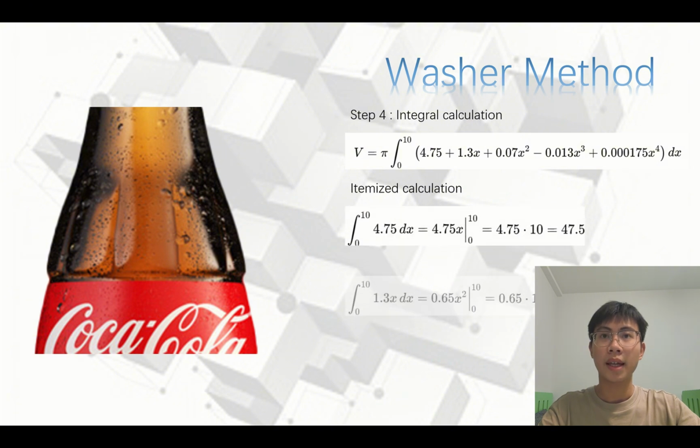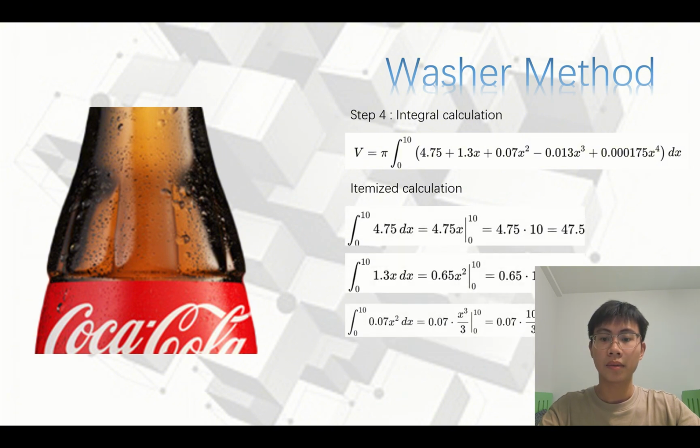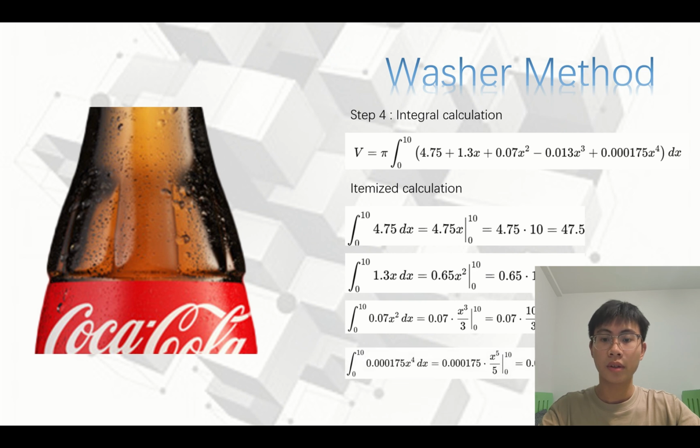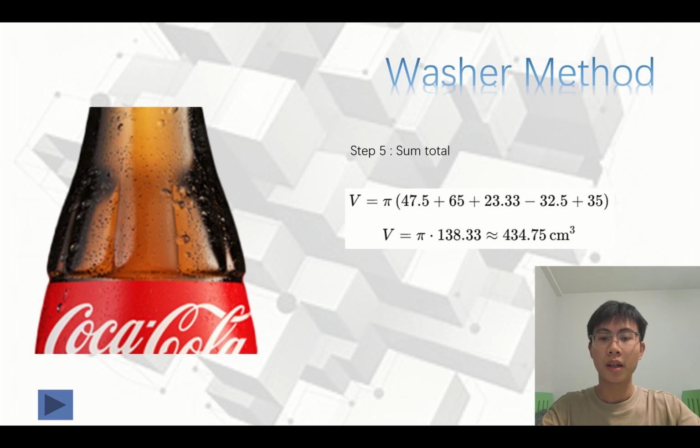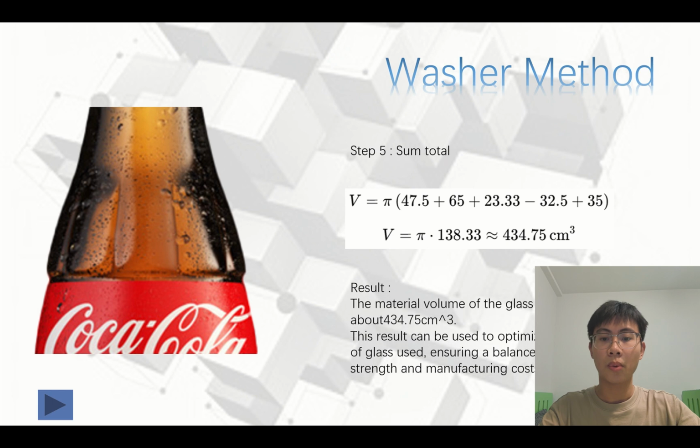Fifth step, sum the total. So we get a value of about 434.75 cubic centimeters. Finally, let's see moments and the center of mass.